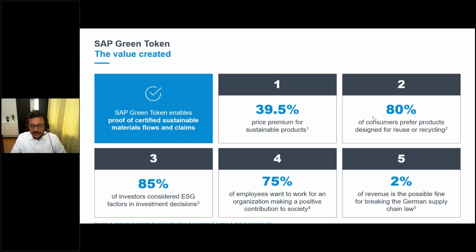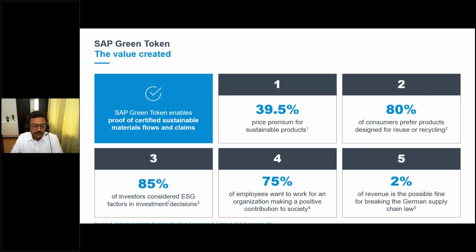Consumers are also preferring to buy products that are sustainable. So again, there is a clear trend, and if you want to be competitive, if you do not want a competitor to offer a sustainable product that eats out the market share, then organizations need to start thinking about switching to sustainable products.